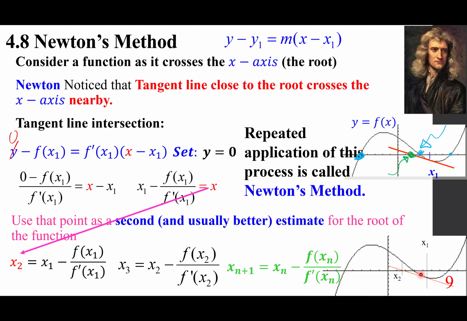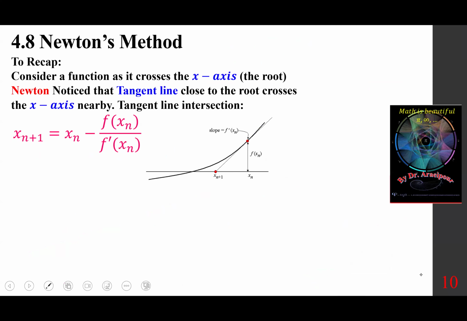I'm going to go over this concept one more time to make sure we understood what happened. Again, to recap, consider a function as it crosses the x-axis, which is called the root, the x-intercept, the 0 of the function. Okay, so here's the function, and here's the root.